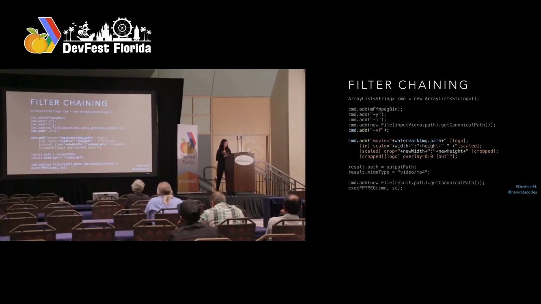So here you can see that I am giving it the input file path, the file path for the watermark image that includes the weather icon as well as the temperature text. And then I'm scaling the video, cropping it to the 1:1 aspect ratio, and then I am overlaying the watermark image on top of each video frame.